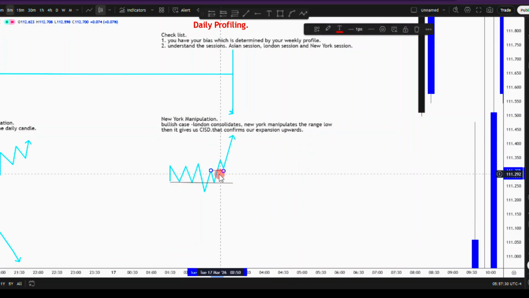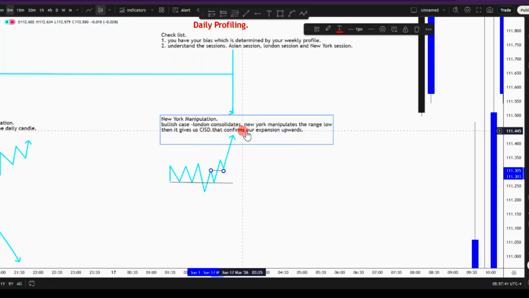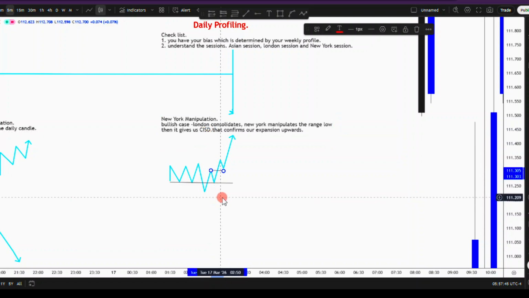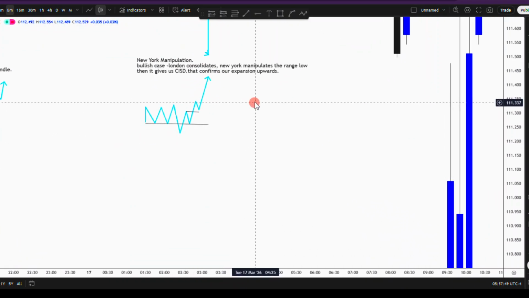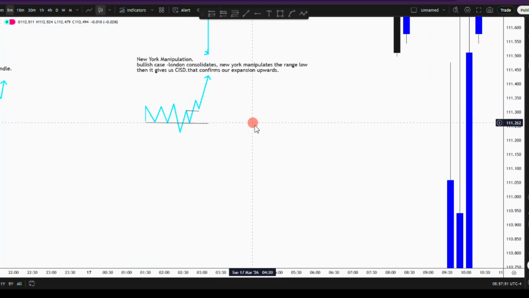So you can take your entry from another block with a fair value gap, and then wait for the next draw on liquidity on the upside in case of a bullish scenario. Yeah, so that is it in case of a New York manipulation.